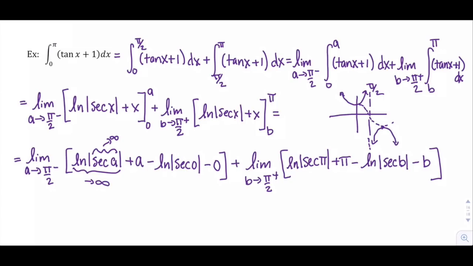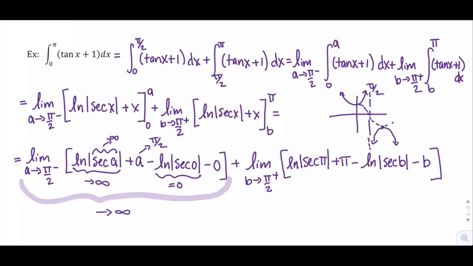A is going to pi over 2, and secant of 0 is 1, ln of 1 is 0. So this is equal to 0. So what that means is that this first integral here, the limit as a goes to pi over 2 of all that, diverges. That goes to infinity.